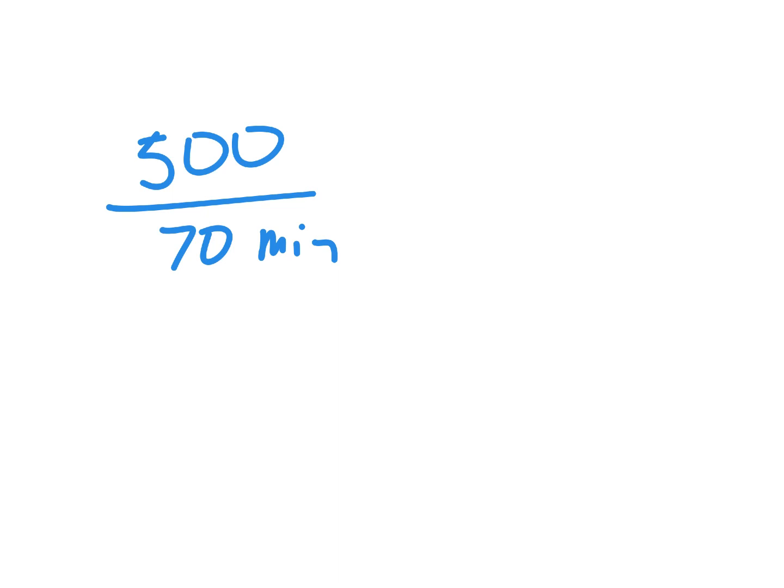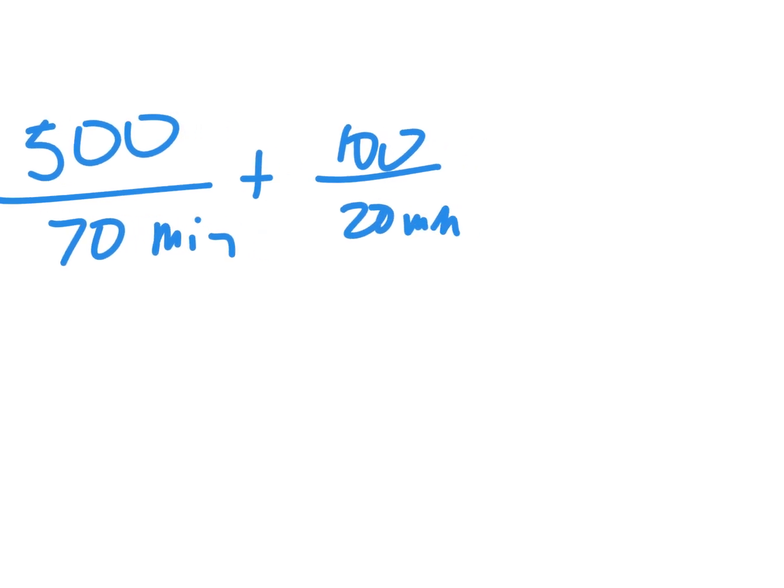Okay. Plus my rate, which was what? 120 minutes. Which wasn't really that bad. And then equals what did I say I wanted? 1,000 in how many minutes? X. That's the one I don't know.